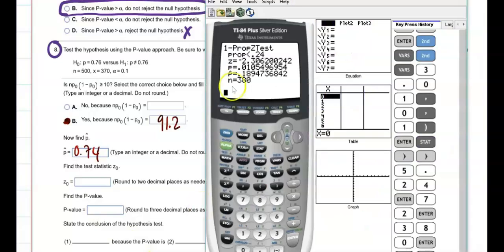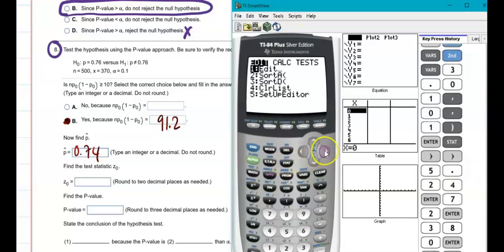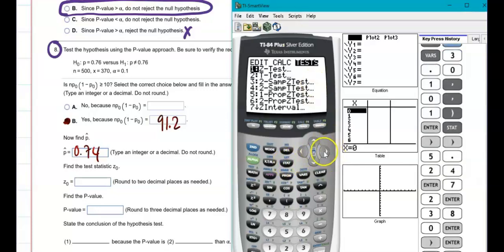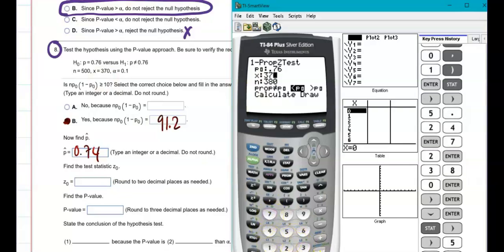Let me show you. Again, use STAT, TESTS, number 5. Go to the tests here, clicking this arrow, number 5. So you get p0 is 0.76, enter. X value is 370, enter.